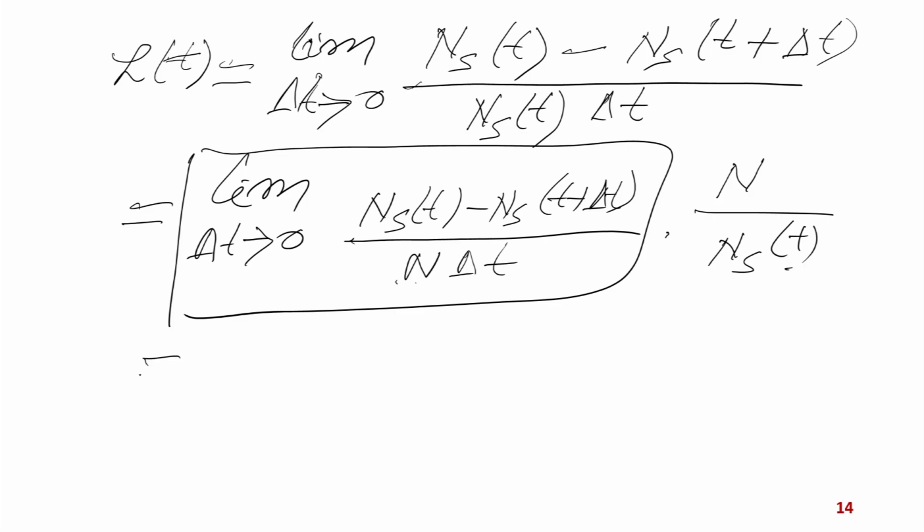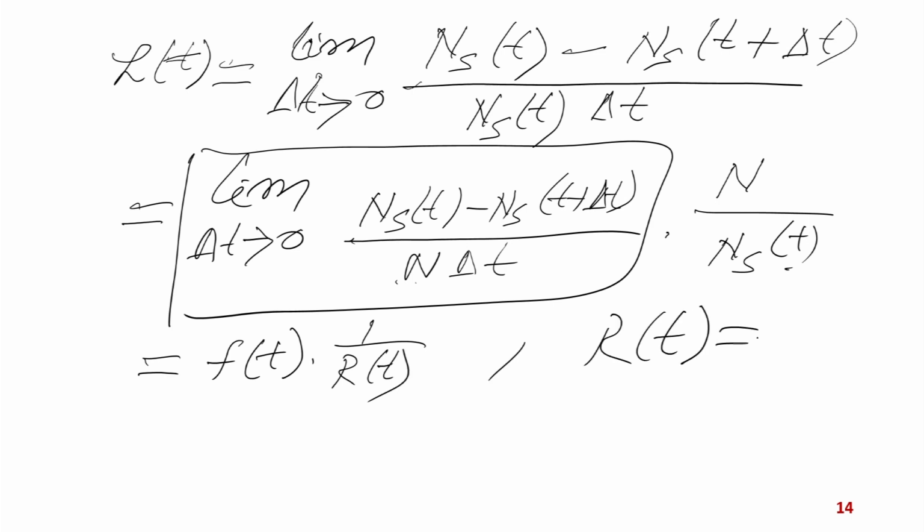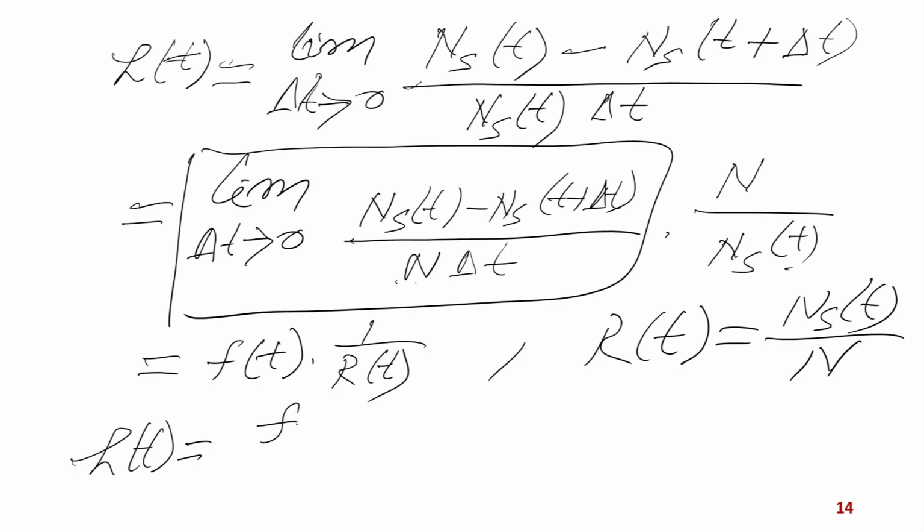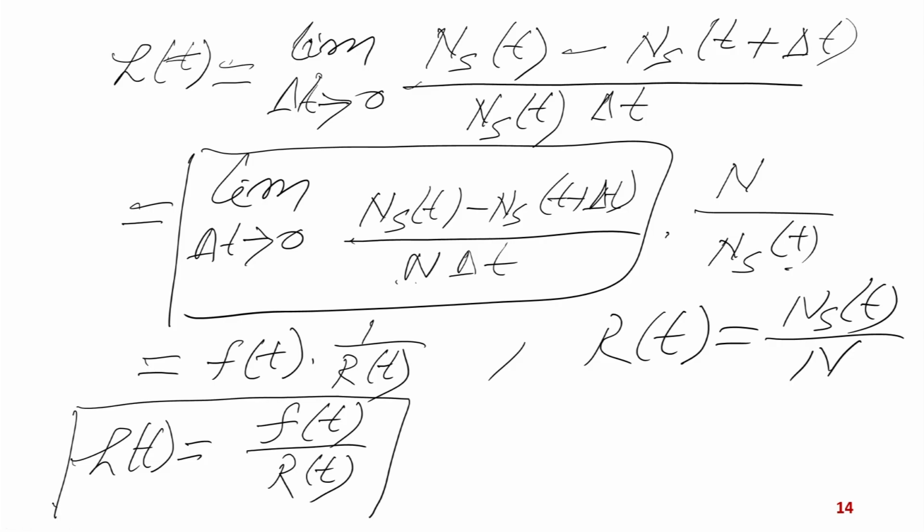This is actually f t, and this is 1 by R t, because R t is our n s t by n. So, this is an important relation: the hazard function h t is equal to f t by R t.